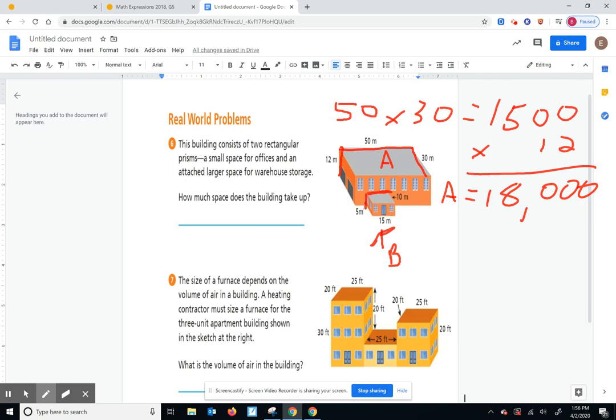Now, for rectangular prism B, smaller numbers, smaller rectangular prism, so it should be easier based on that as well. We're going to start with B, and I'll put it over here on the left side. I'm going to start with 5 times 10, which will get me to 50.